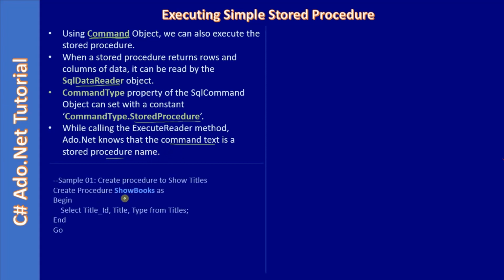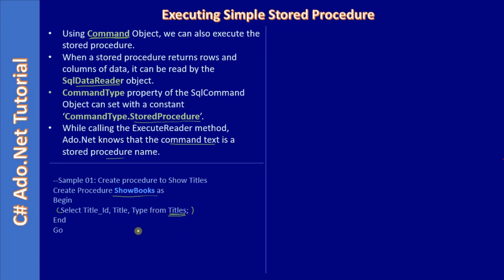So here is a stored procedure, and we call this stored procedure ShowBooks. The content here is select title ID, title, type from titles. So this is simply a select query inside the body. It's a simple stored procedure that returns rows and columns of data from the titles table.